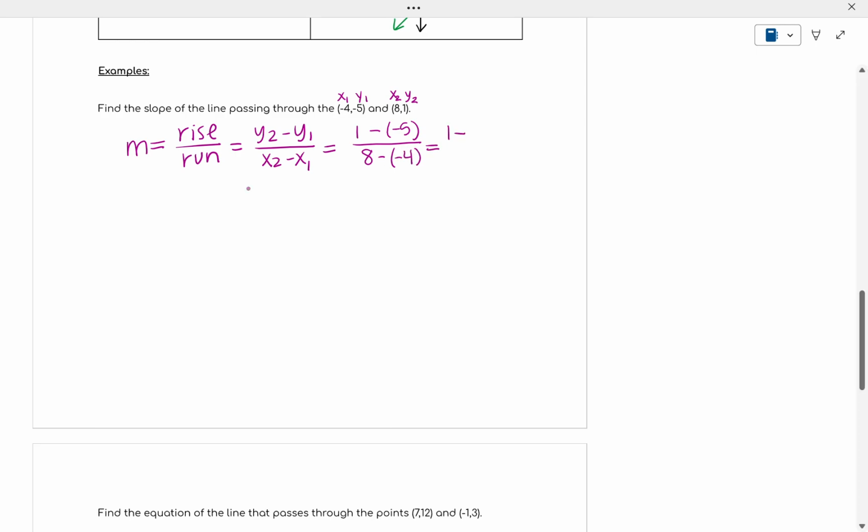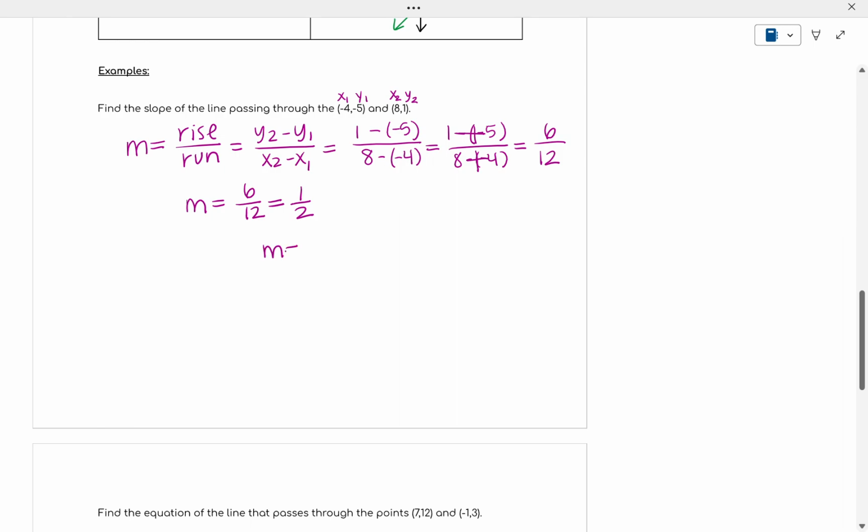And remember that when we have a minus, a negative, this becomes a plus. So this is 1 plus 5 is 6, and 8 plus 4 is 12. So m equals 6 over 12, and this can be reduced down to 1 over 2.